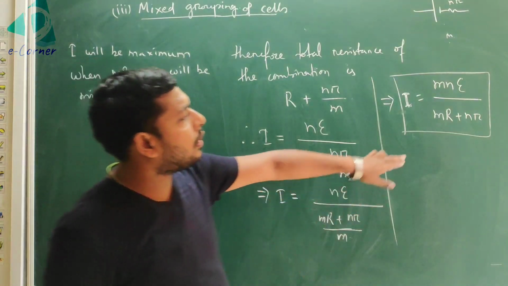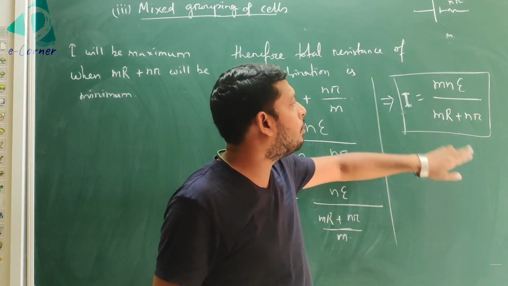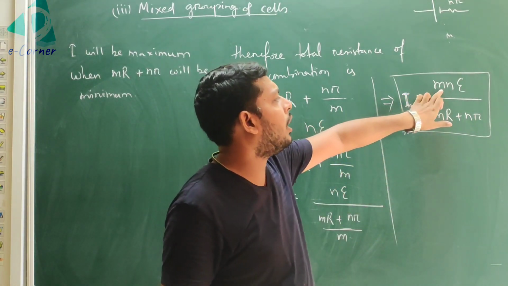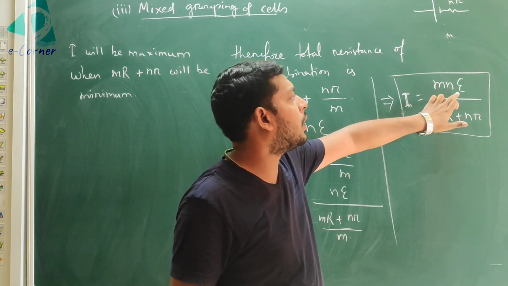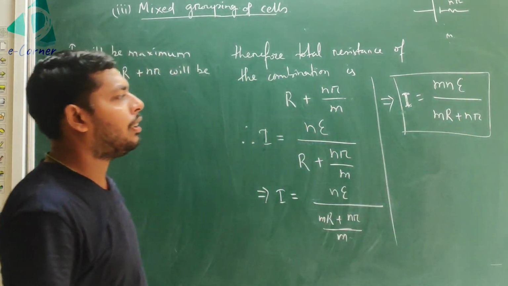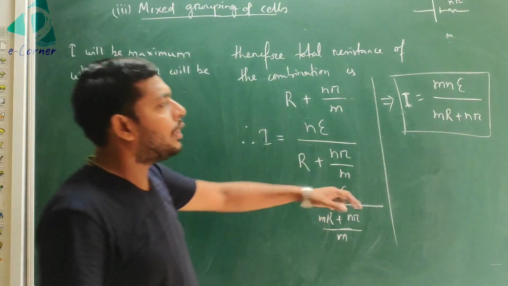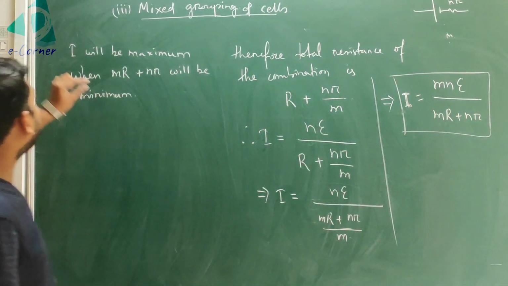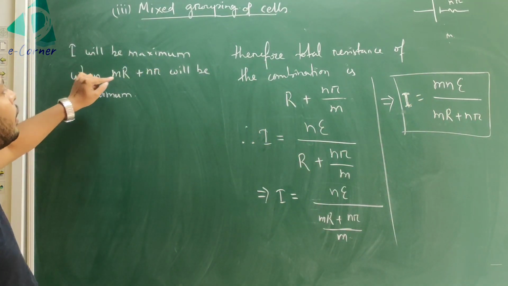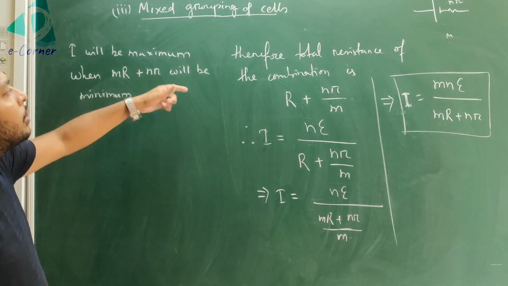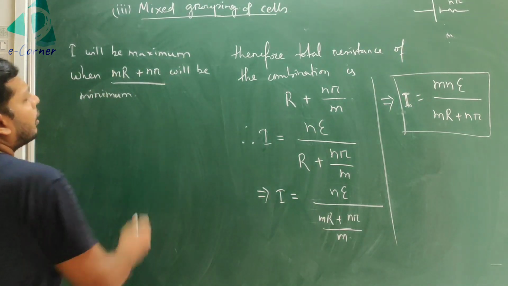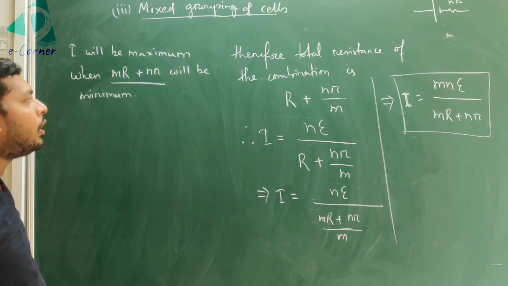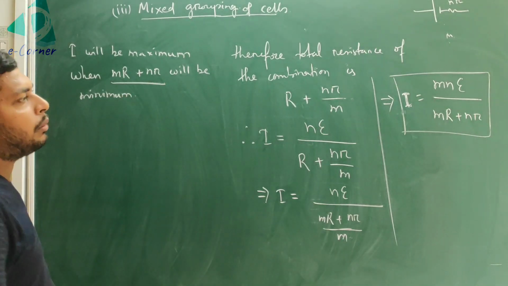When the denominator mR plus nr is minimum, at that time this current will be maximum. Why? Because m is constant, n is constant, and this EMF is always constant. So we will decide on the denominator factor. So I will be maximum when mR plus nr will be minimum. So we have to find one condition where this will be minimum.